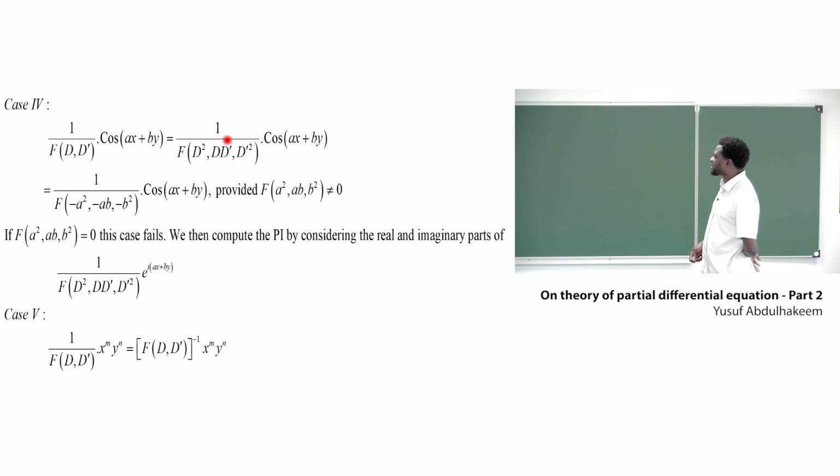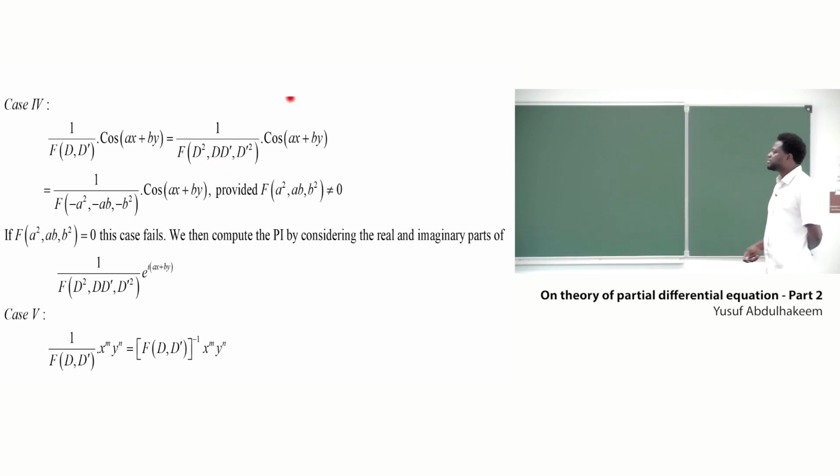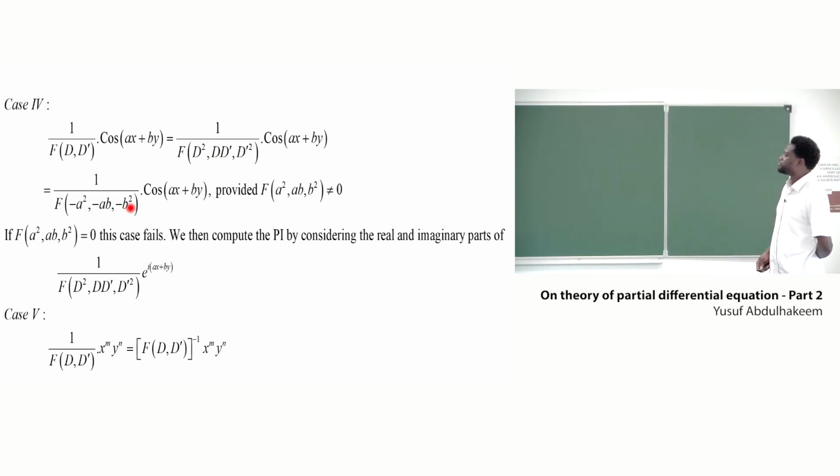If we have this kind of case, this is what we are going to resolve the particular integral into. Then, of course, we can take this as a and take this one as b. By the time we take our d dx as a and d dy as b, this will surely be resolved into what we have here, provided this is not equal to 0.